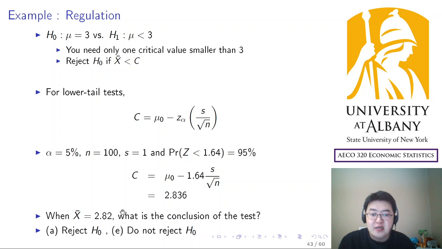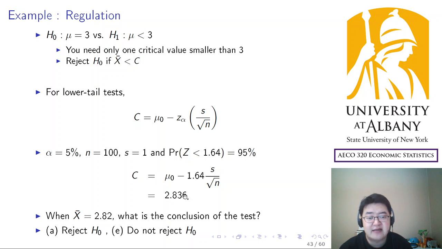Okay, in this example, you are punishing the companies who are selling content whose content is too small, much smaller than the label information. In this case, the critical value was 2.836.